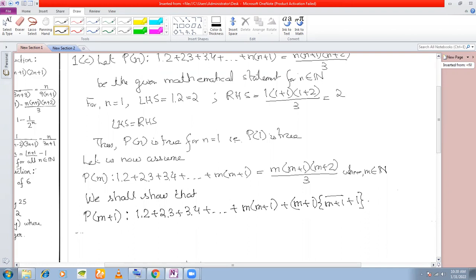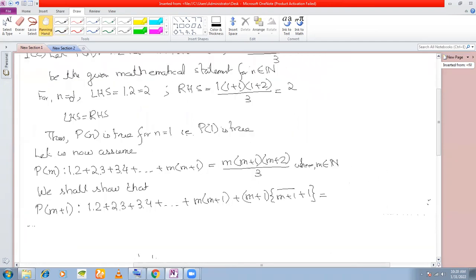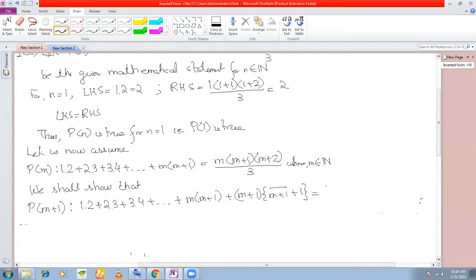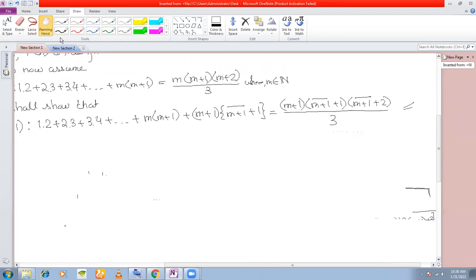Isn't it? And on the right hand side, you replace m by m plus 1, where m belongs to N.